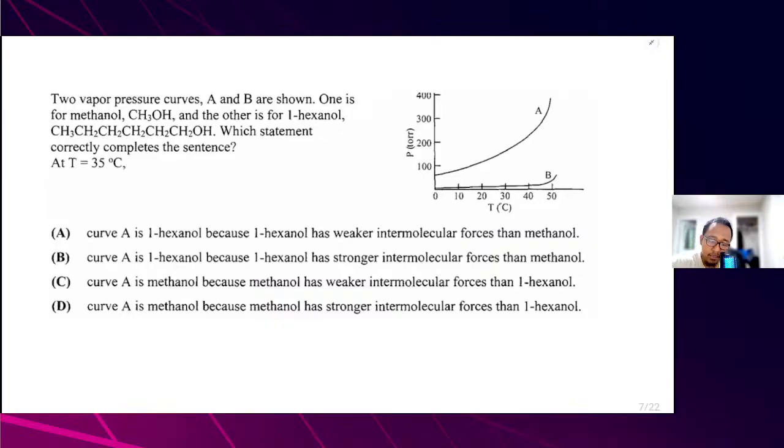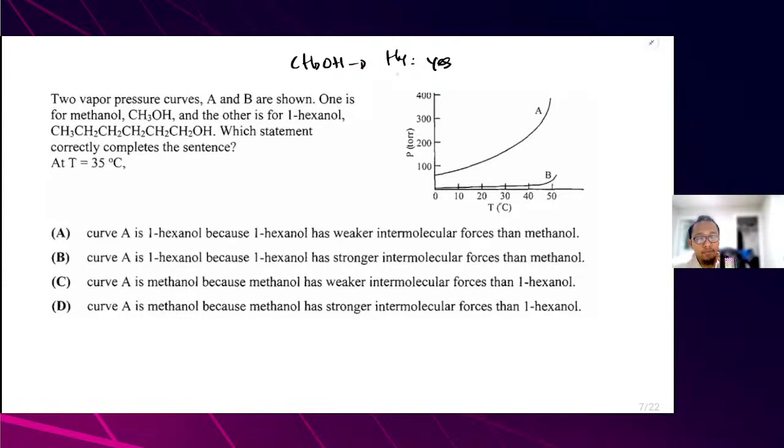As you can see, guys, CH3OH, do they have hydrogen bonding? Yes.